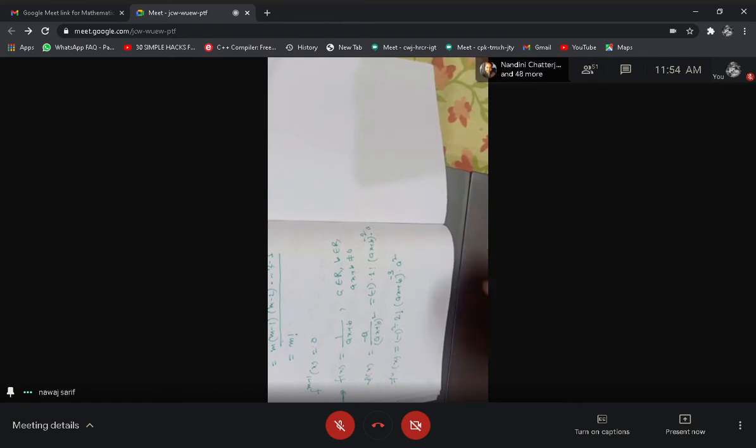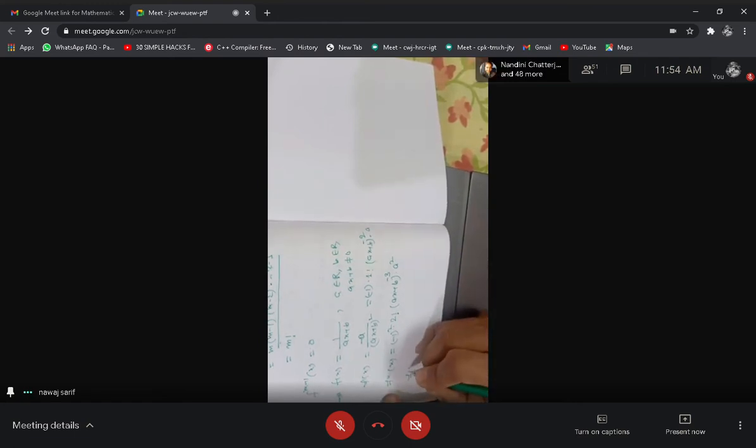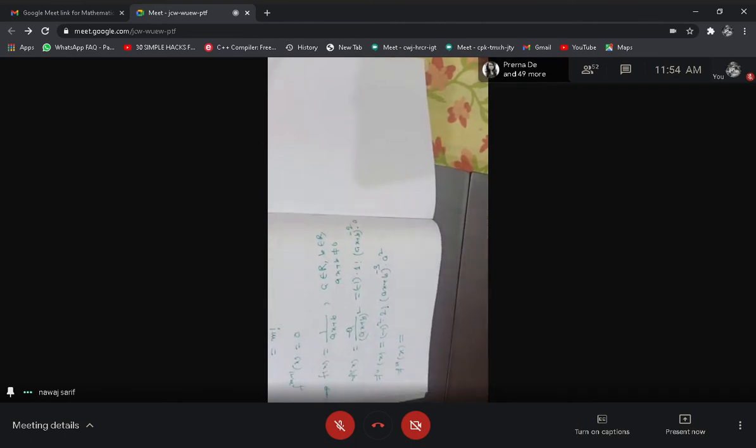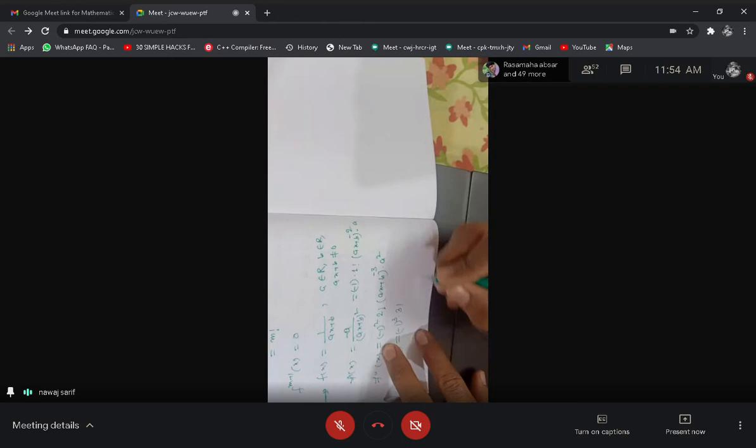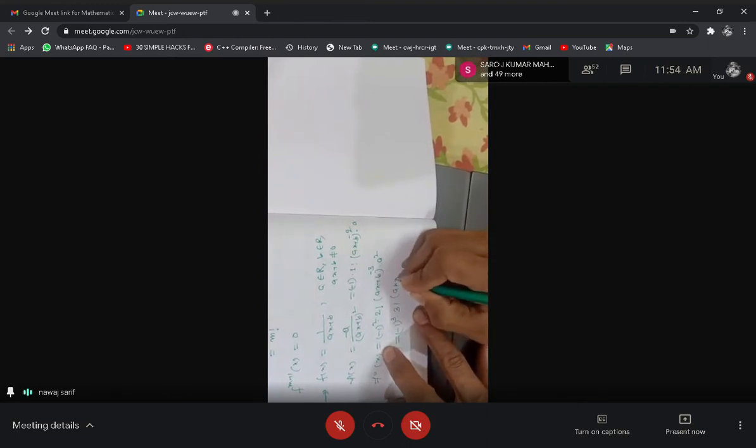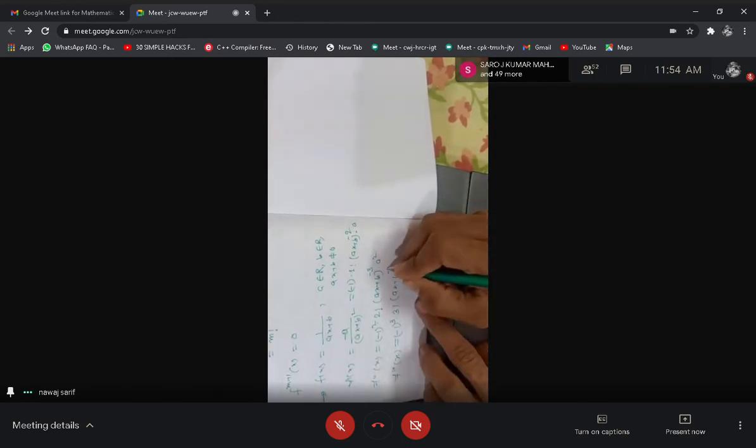And what will be f triple dash x? Find the derivative of this function. It will be minus 1 cube into 3 factorial into a cube into (ax plus b) to the power minus 4.